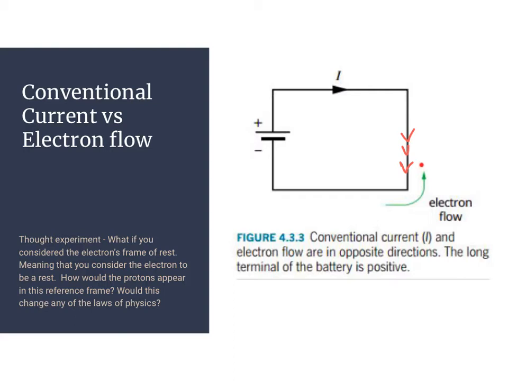It would look like the positive charges were going in this direction. That's kind of like if you're sitting at a station and a train starts moving, it sometimes feels like your train is moving. But it's not you, it's the train next to you that's moving, and it just depends on which reference frame you consider.